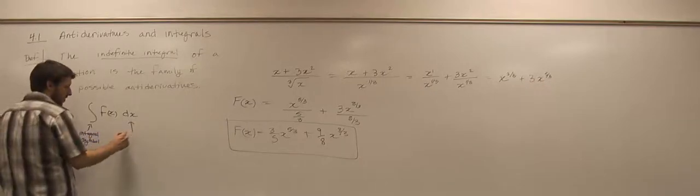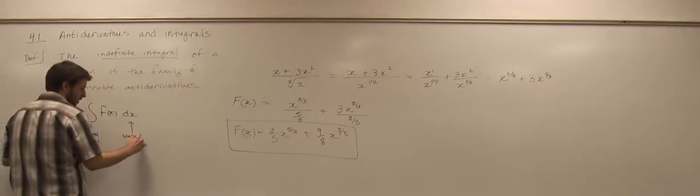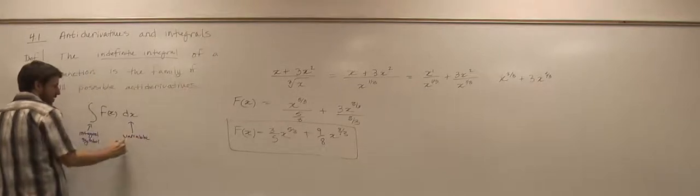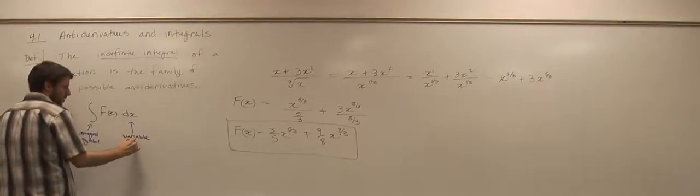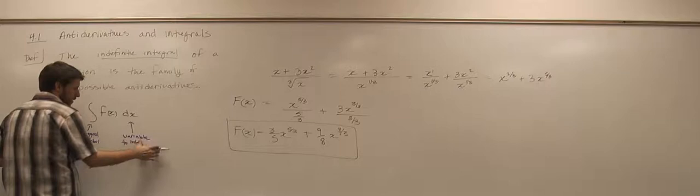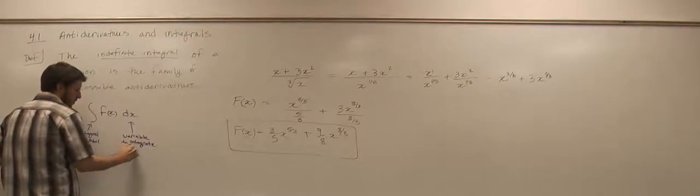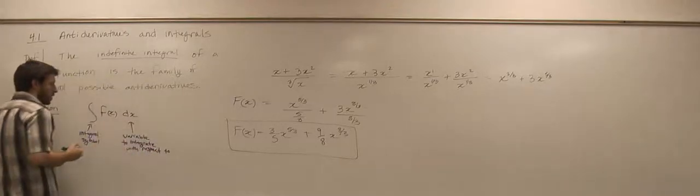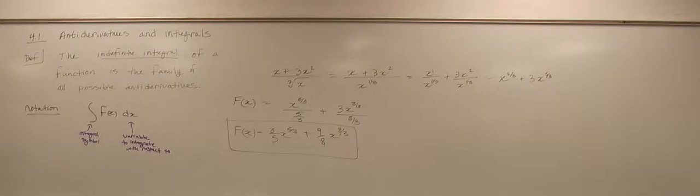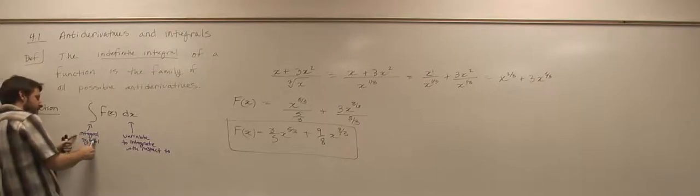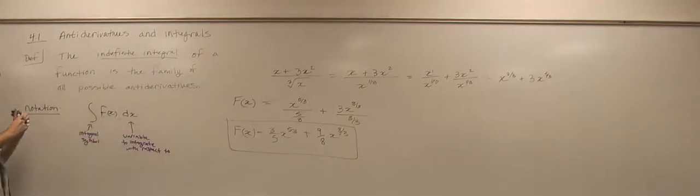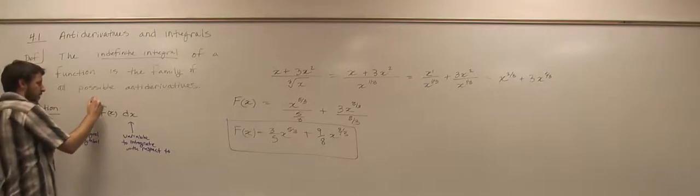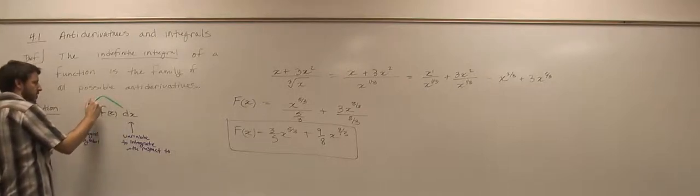This tells you the variable to integrate with respect to. You really can't have this symbol without this symbol. So these are kind of a pair. These always show up together.